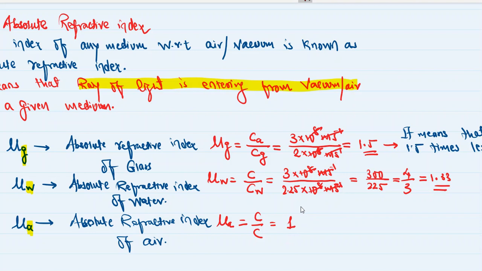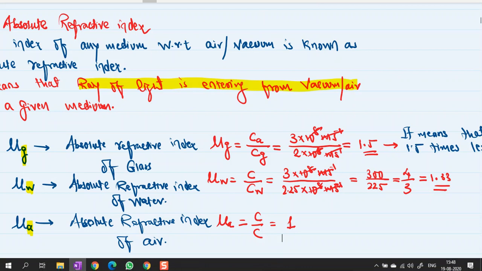Air, then water, then glass, then oil, then glycerine, then alcohol. All these transparent mediums have different refractive index. The least is of air or vacuum. Air is actually not exactly 1, it is 1.000 something, but you can say very close to 1. So air and vacuum have refractive index of 1.